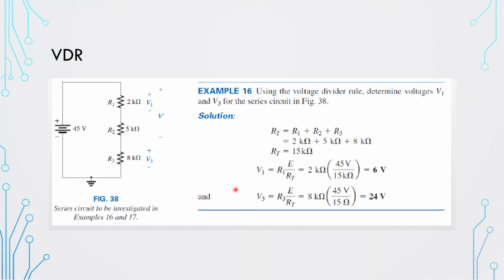We're going to talk about another formula in the next slide, which is also related to the series circuit, to find V1, V2, V3, and it's going to help us find the missing voltage. If you don't want to apply the voltage divider rule to find R2, then you're going to use a different formula to find the missing voltage.